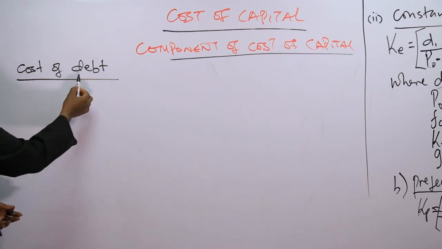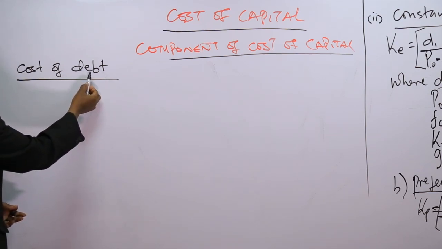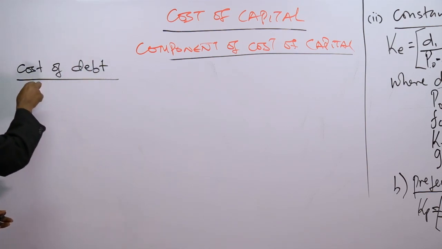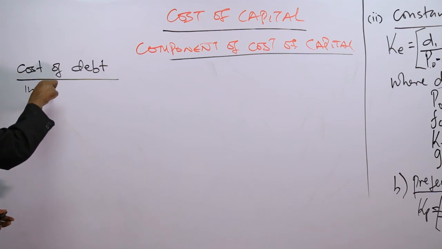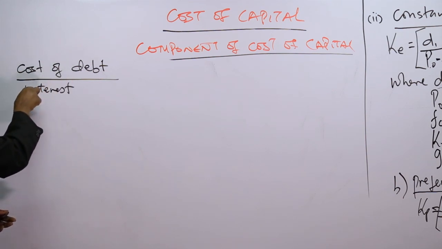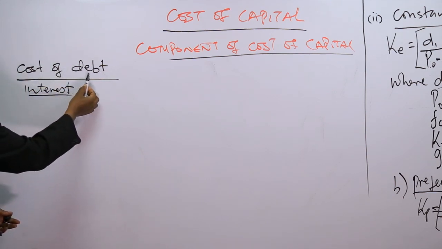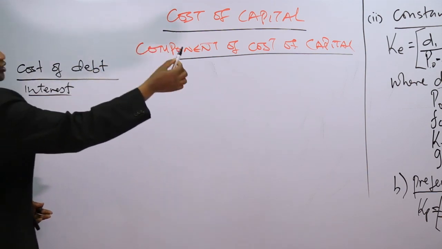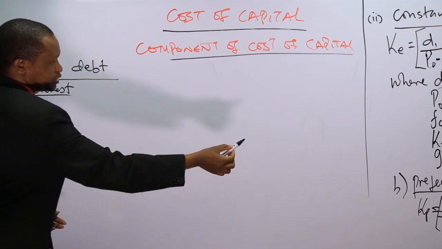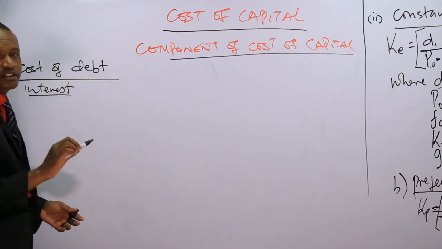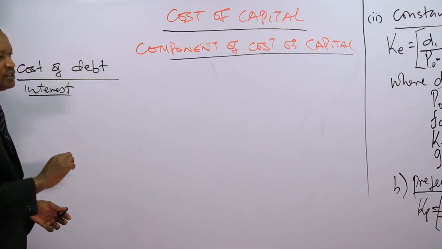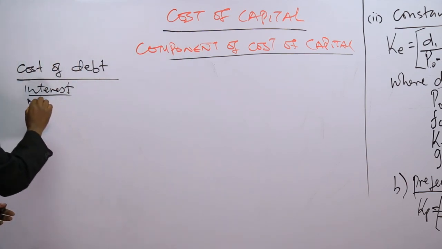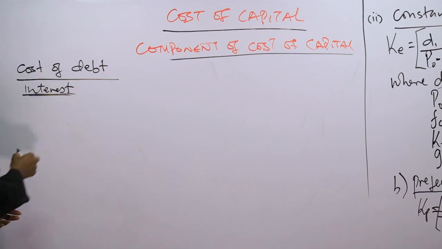So for these bonds, the price that the company pays will be in the form of interest. So interest is paid on debt. But as for the equity and preference share capital, the cost is dividend. The dividend is the cost. But for debt, the cost is interest.